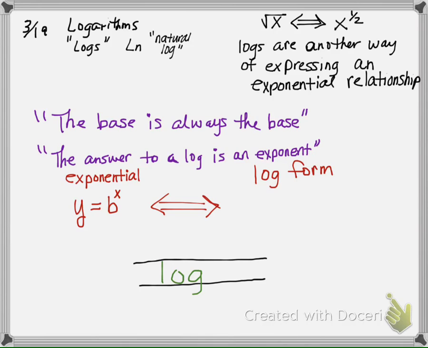The word log is on your main line. Under it, as a subscript that's lower than this, is where you would write your base. This is called the base. So that's what we call a subscript.